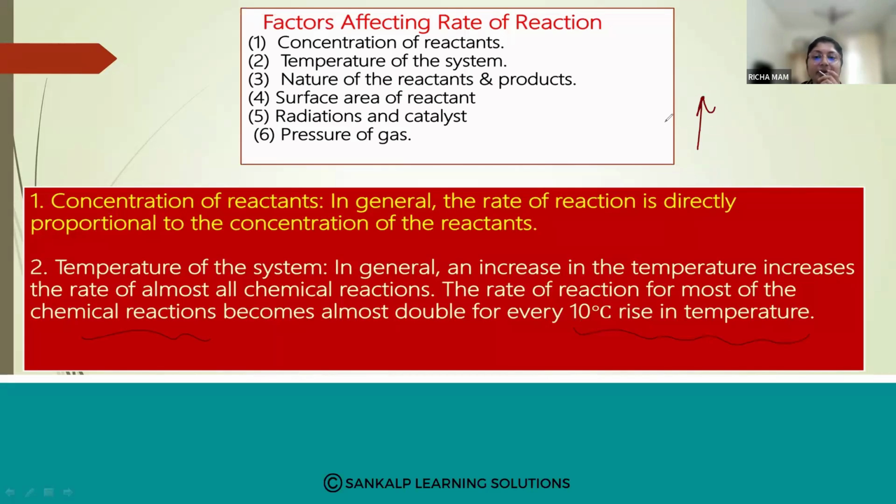So for every 10-degree rise in temperature, the rate of the reaction goes on doubling. So this is the effect of temperature. These are the four important factors on which the rate of the reaction depends: first is the concentration of the reactant, second is the temperature, third is the catalyst, and the fourth is the nature of reactant.